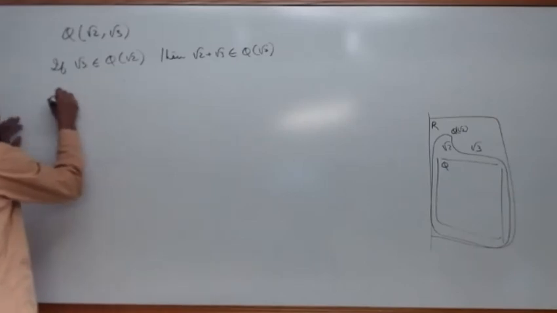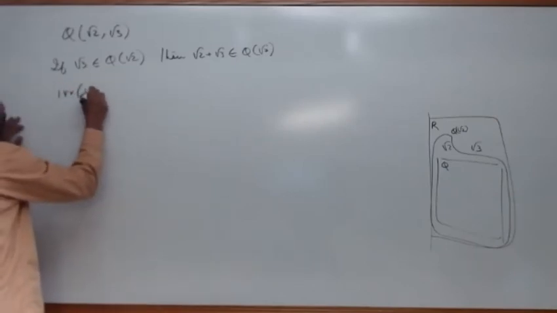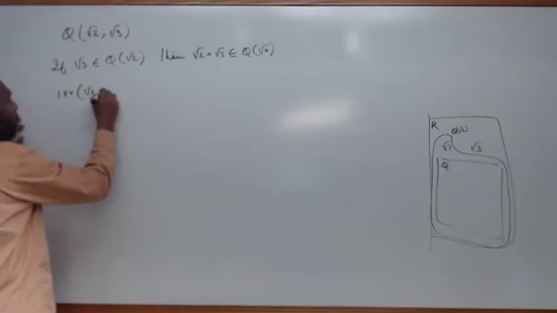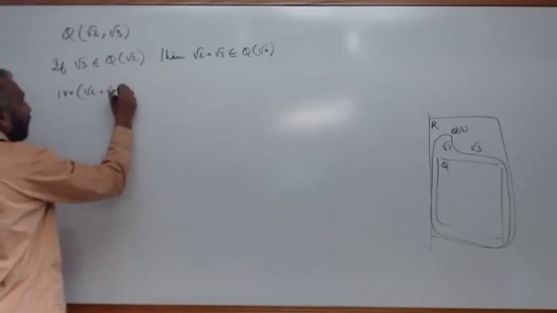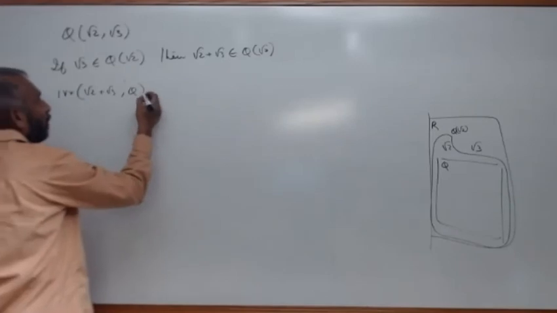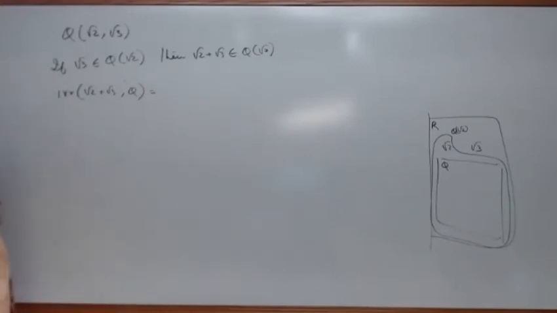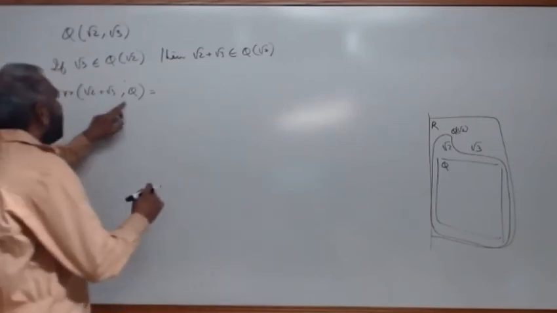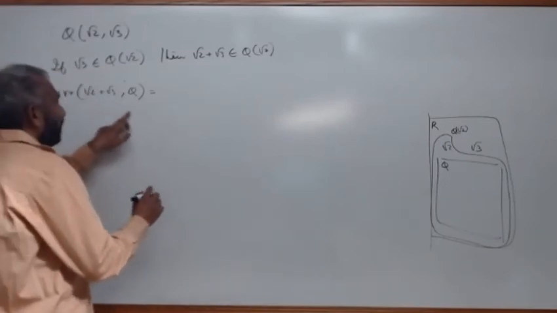But the irreducible polynomial of root 2 plus root 3 over Q, what is the irreducible polynomial here?